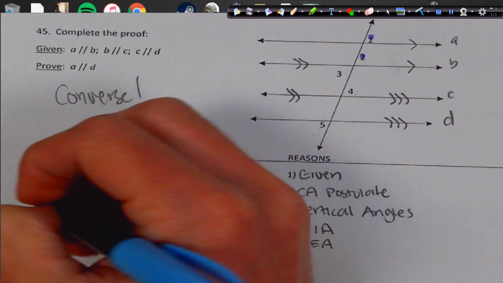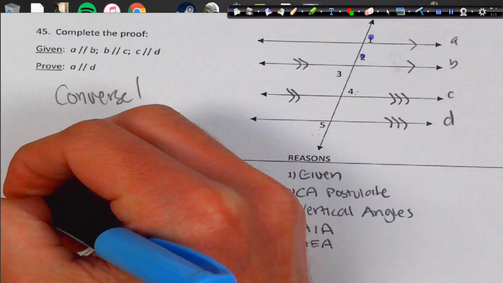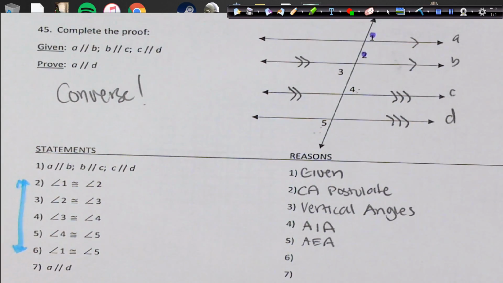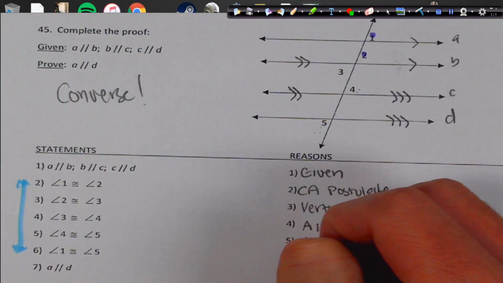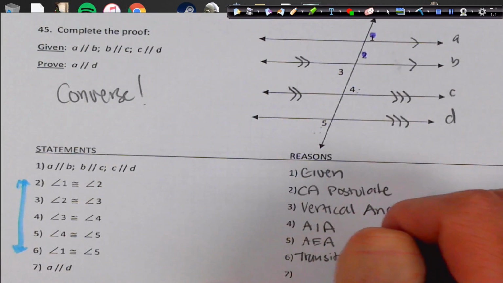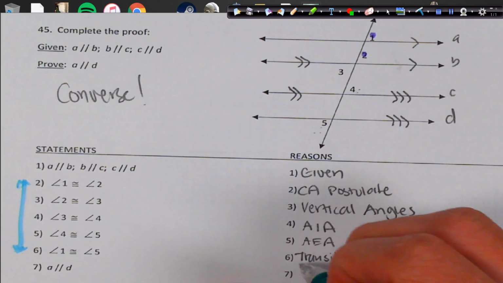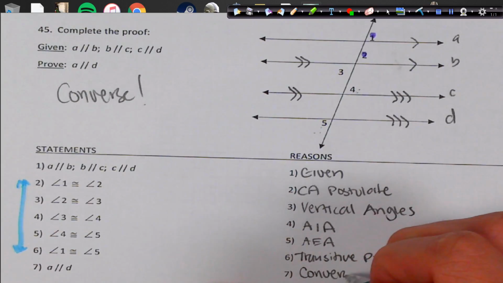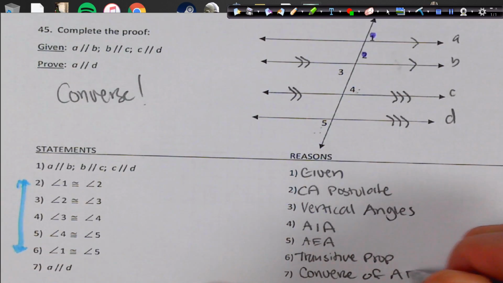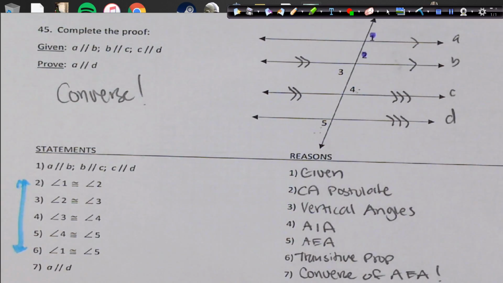So this is like the longest transitive property you've ever seen. And then A is parallel to D. Well, I showed alternate exterior angles are congruent, so I'm going to use the converse of A, E, A. Boom. Done. Dunzo, gunzo. Booyah, booyah.